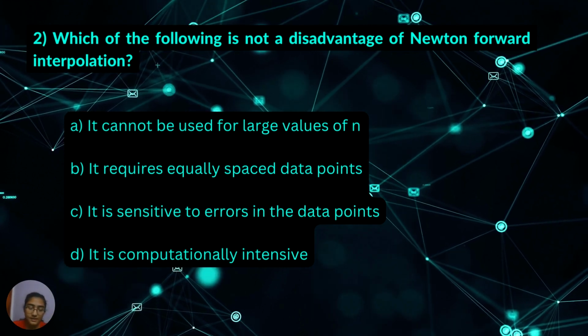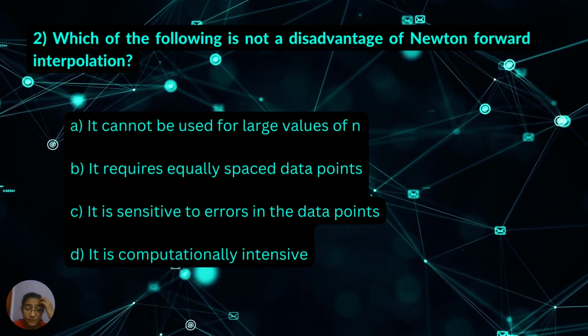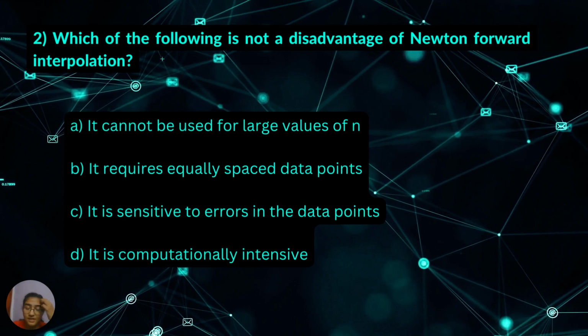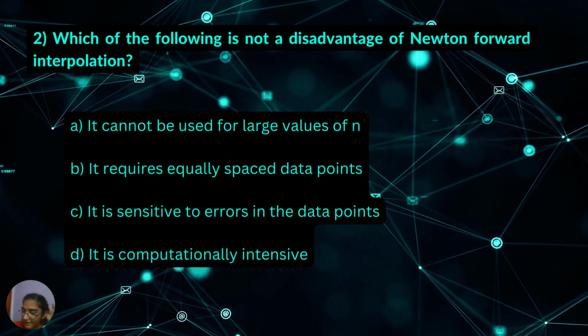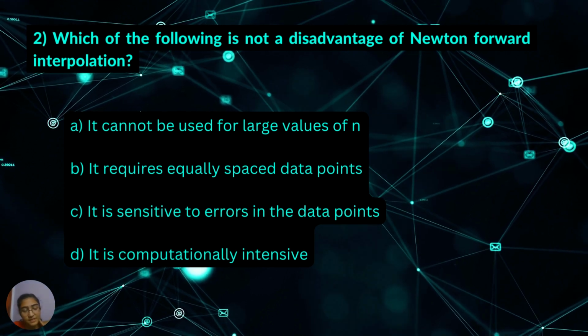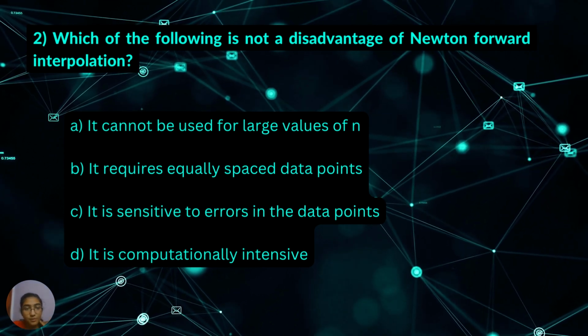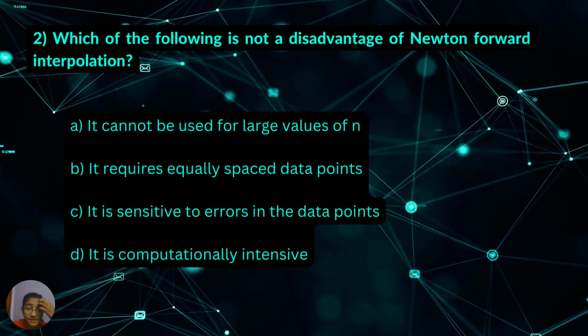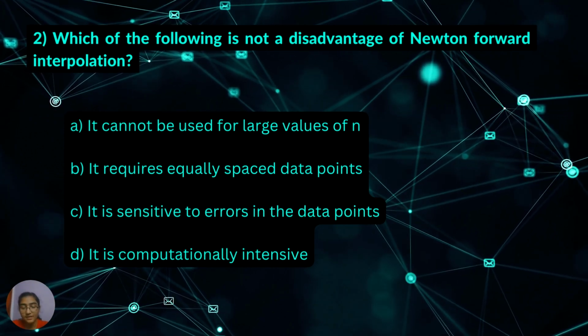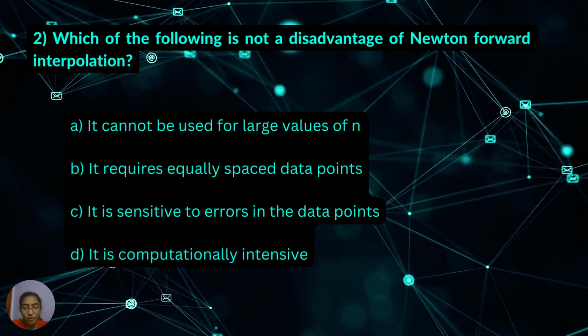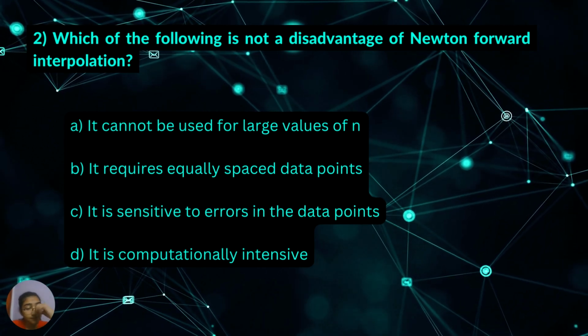Then another property is that it requires equally spaced data points. That is also easy, we can calculate, and most of the time we can get equally spaced data points. It is its general property. The property which is actually disadvantageous is that it is computationally intensive, so it will take more complex computations, right?